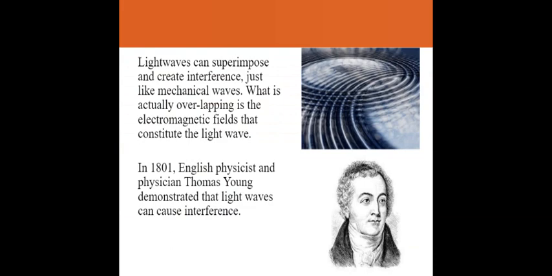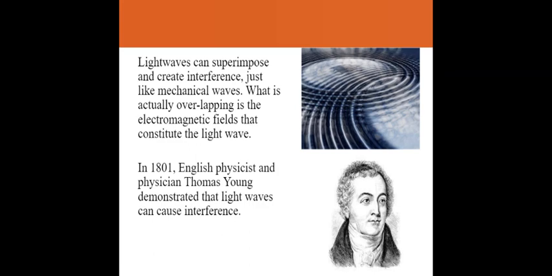You had Newton on one hand saying it was a particle, but then came Thomas Young, who was a young English physicist and a physician too, who in 1801 devised an experiment that could show that light effectively had the same behavior as waves when it came to interference.